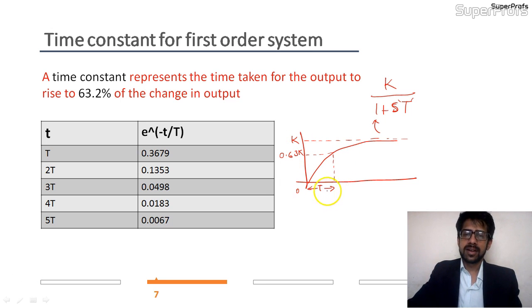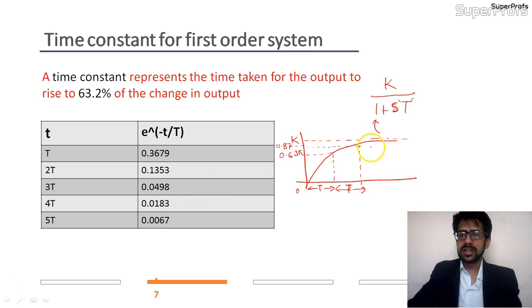Whatever time is taken by the system to reach 63.2% of K is known as the time constant. In the first time constant, the system reaches 63% of the desired output. Then in the second time constant, the system reaches 87%, which is 0.87 of the final output.